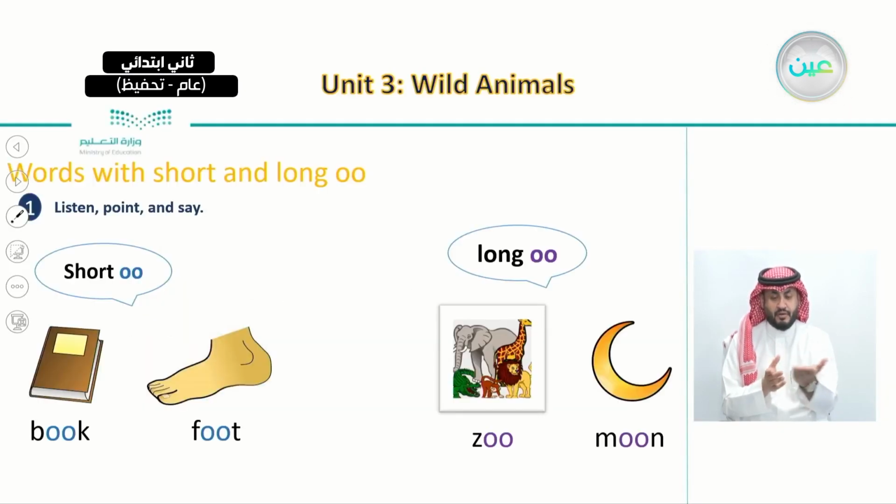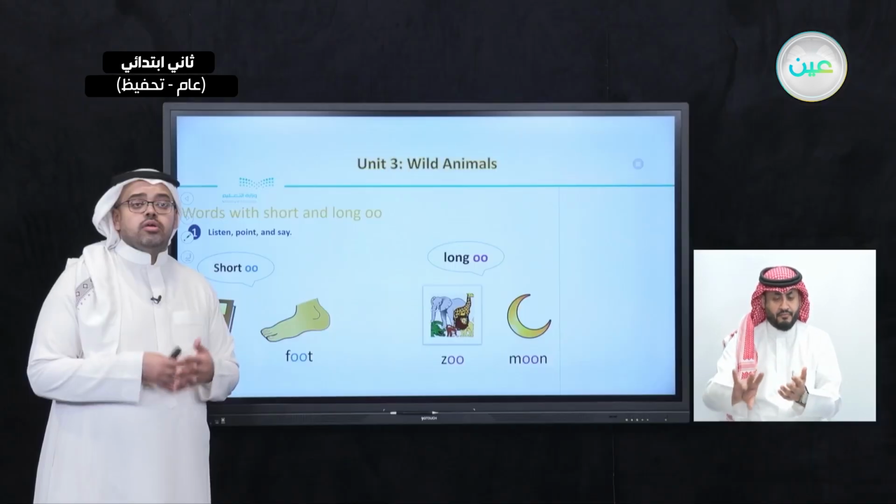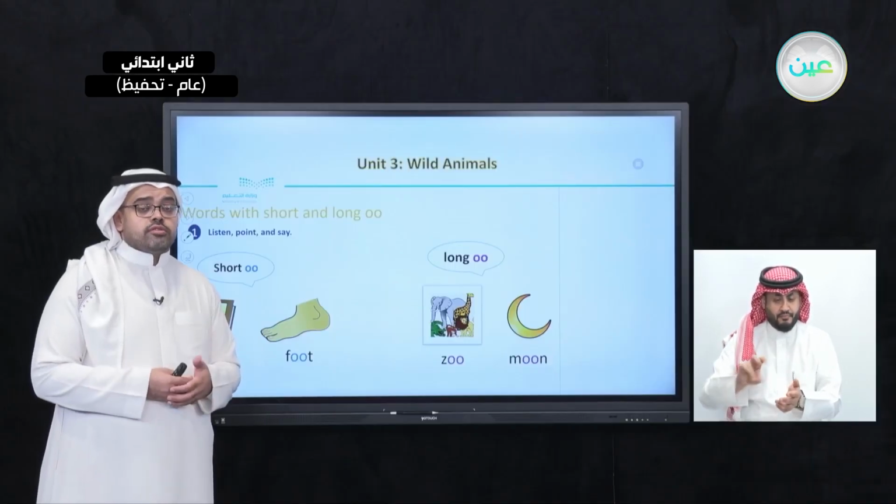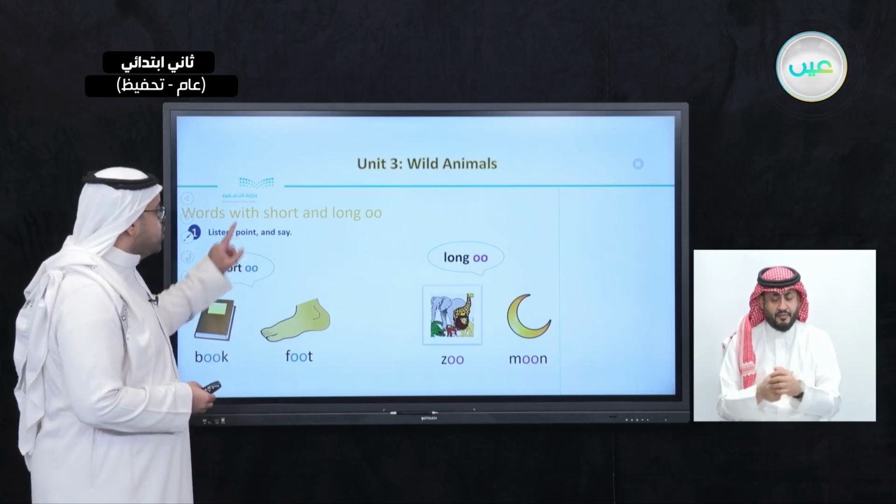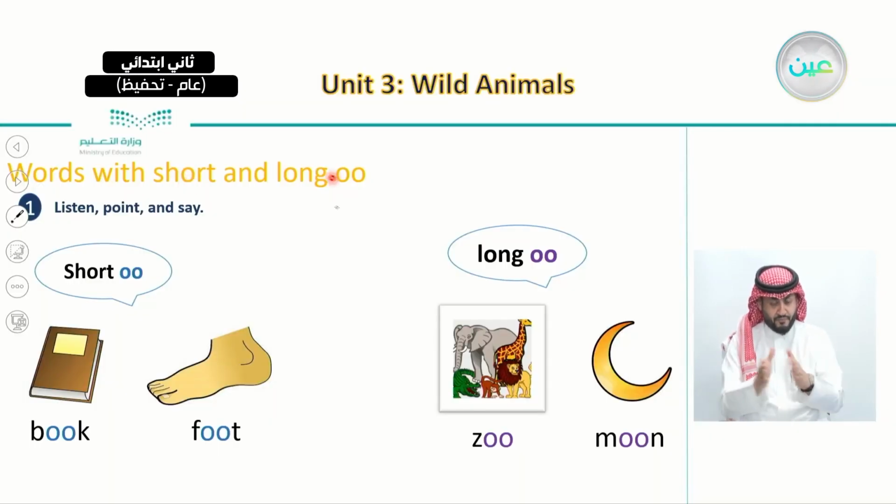On page 37, as you can see, we're going to practice words that have what we call the short double O and long double O.